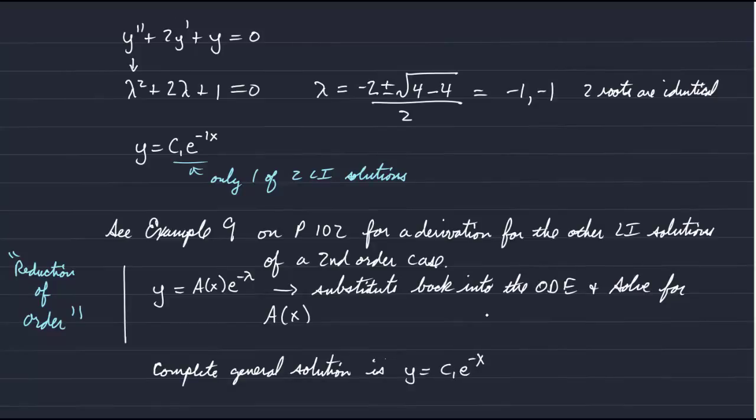That was our first solution that we found. And then if we allowed a to vary, we would have found that a is equal to c1 plus c2 x, and that gives us our second linearly independent solution.